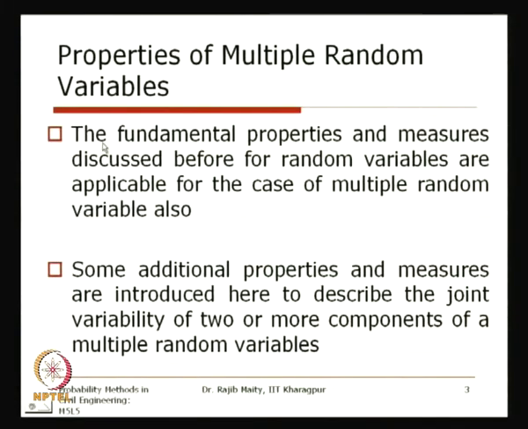So the fundamental properties and measures discussed before for random variables are applicable for multiple random variables also. Some additional properties and measures are introduced here to describe their joint variability, which may be linear or non-linear. Particularly, the correlation coefficient is a linear association. The joint variability of two or more components of a multiple random variable will be discussed.